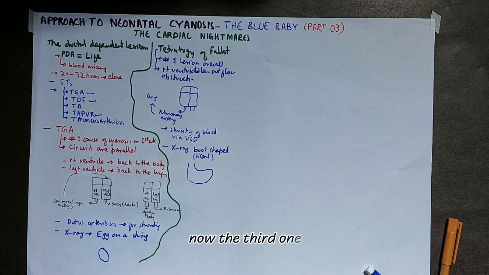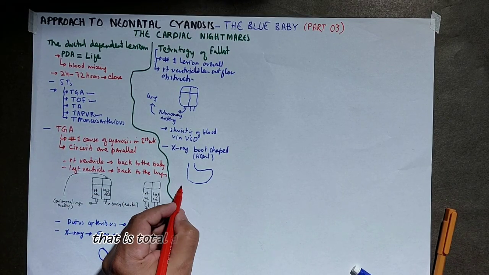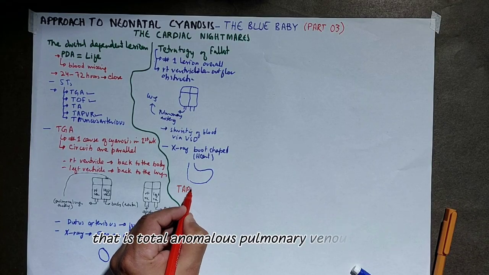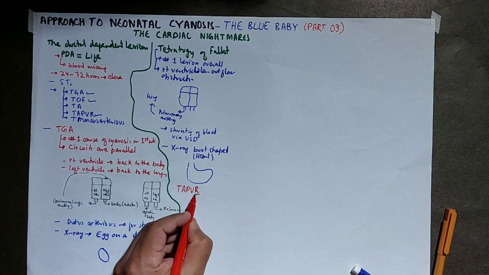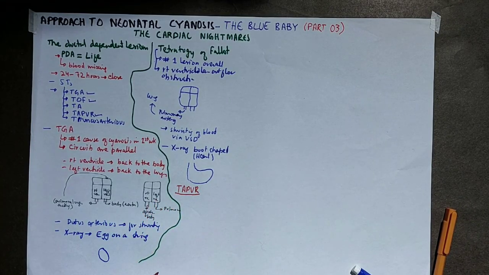Now the third one, that is total anomalous pulmonary venous return, that is TAPVR. This is a plumbing disaster. The pulmonary veins do not connect to the left atrium.